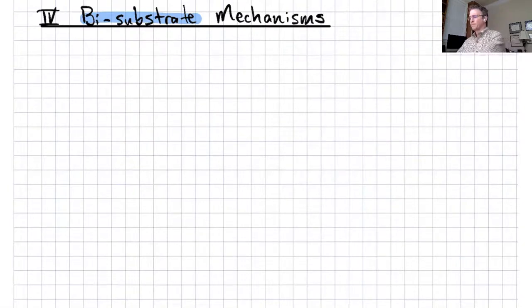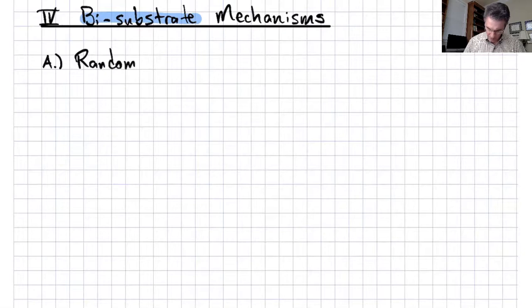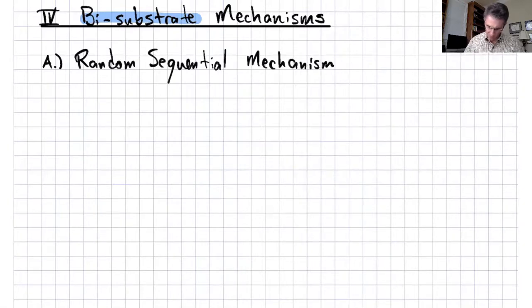Okay, so the first type of mechanism we're going to talk about here is the so-called random sequential mechanism. And random should give you a clue as to what's going to be going on here. In this case, one would have an enzyme, let's say E, that needs to bind two different substrate molecules in order for a reaction to happen, right?